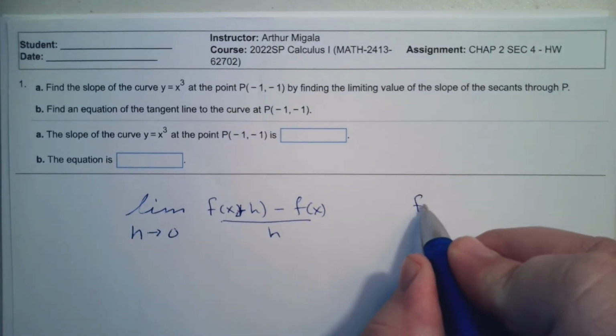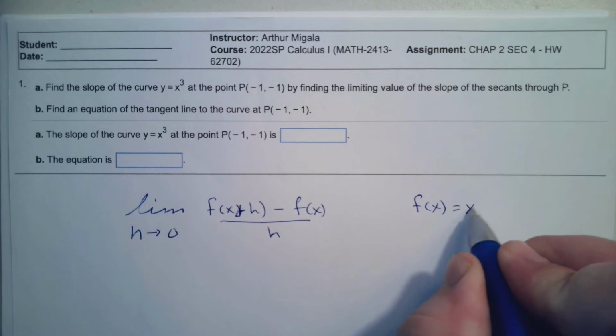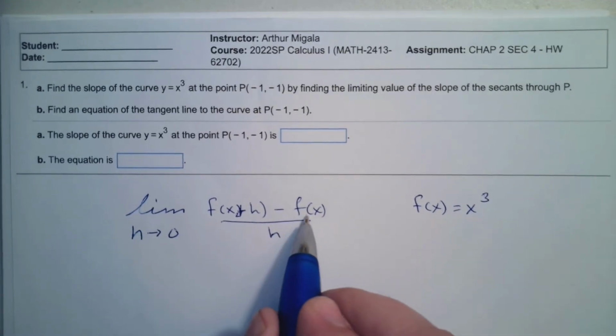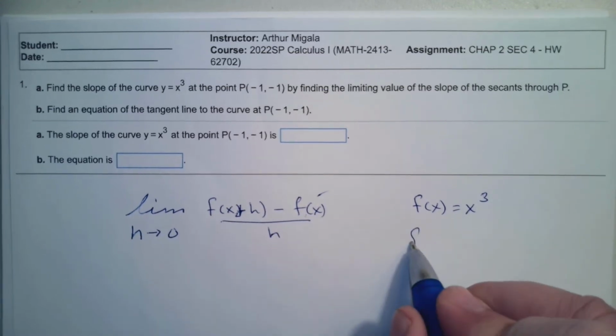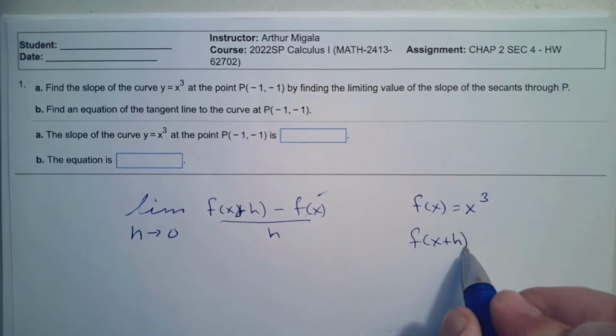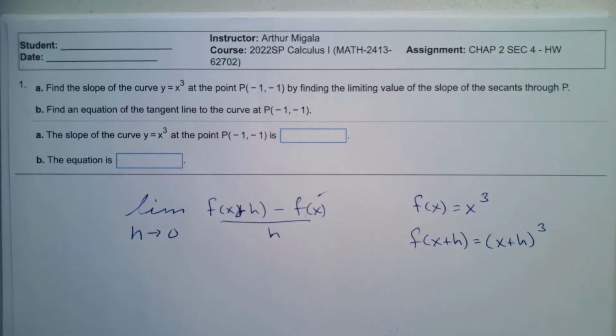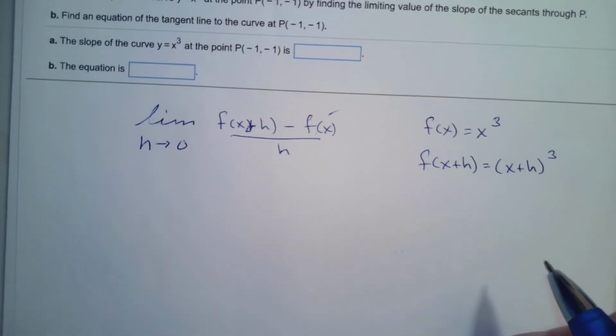So what we have here, our f of x is x cubed. We need to find f of x plus h, which is x plus h cubed. So we have to work that out.